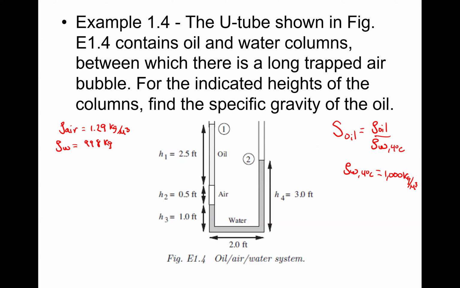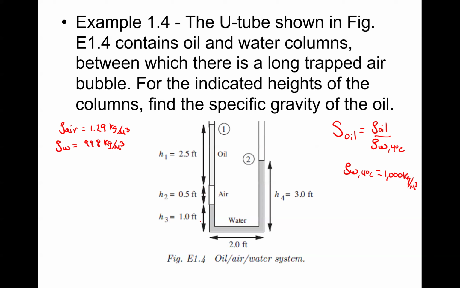So half a foot, when you now consider that you're calculating pressures, and it's basically a rho GH calculation, half a foot of air is basically about 1,000 times less pressure than half a foot of water. And so this is almost zero compared to the rest. So we're going to assume that this is not here. And this is here just because it is useful to have some spacing between the water and the oil.